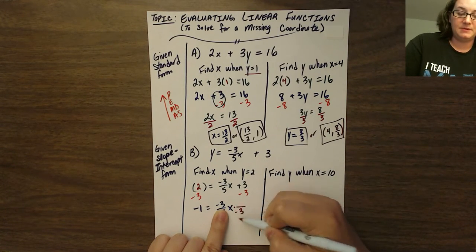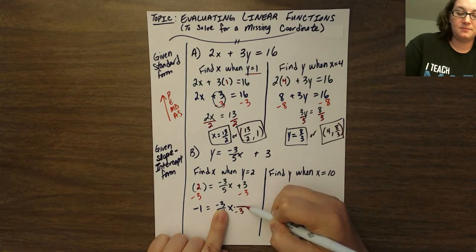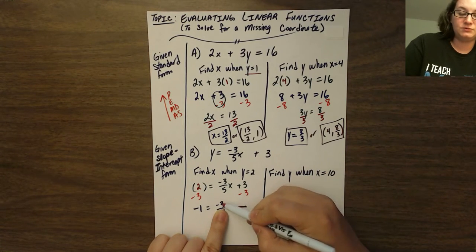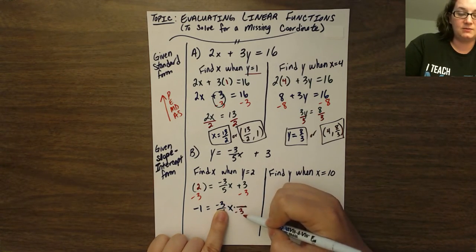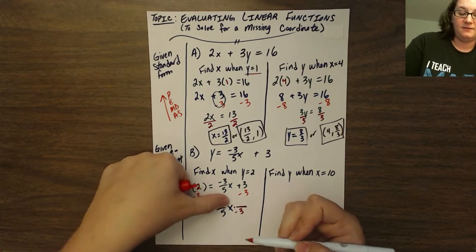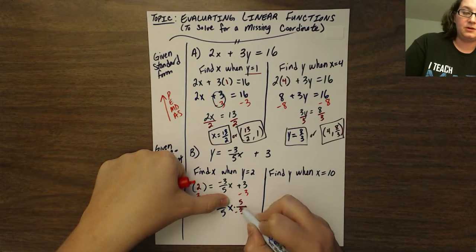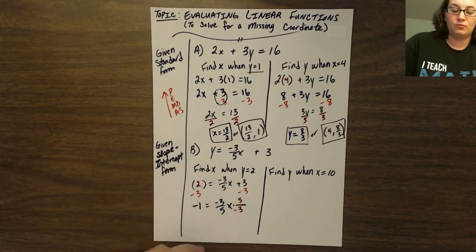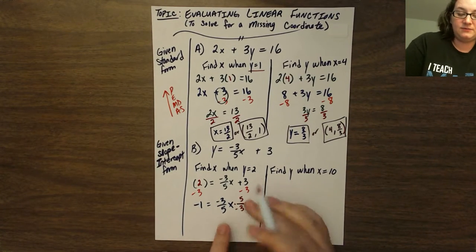So I'm multiplying by something, but I'm going to put it on the bottom of my fraction, which implies division. I'm going to put that negative 3 on the bottom here. That way multiplying and dividing by that number will cancel out. The opposite of dividing by 5 would be to multiply by 5. So I'm going to put it on the top. Top implies multiplication. The rule is any math I do to one side I have to do to the other.